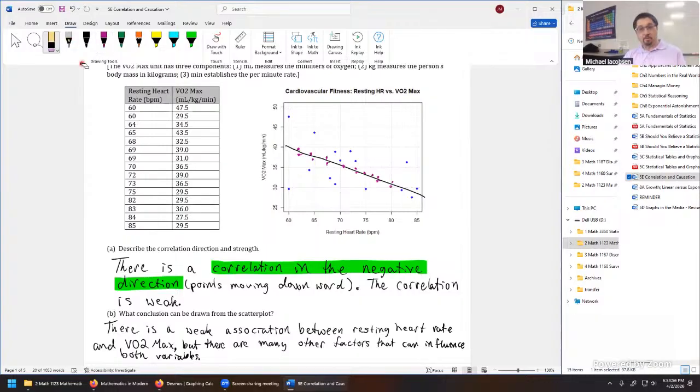But the scatter was way more severe than that, so we might have said moderate to be in the middle, or just weak in this case. I would accept either moderate or weak because we're all doing this as just a visual assessment. We don't have the correlation statistic that we're computing, so all of it is subjective in that sense.